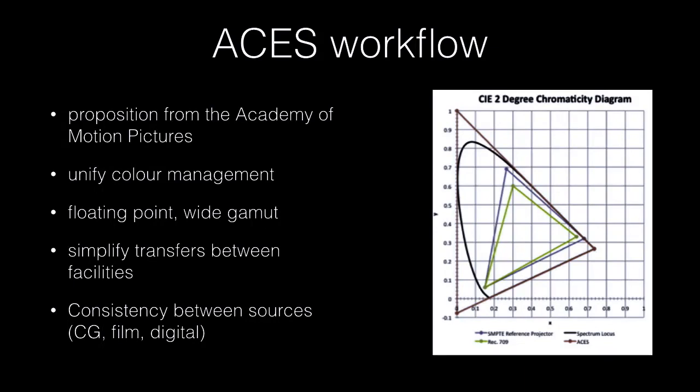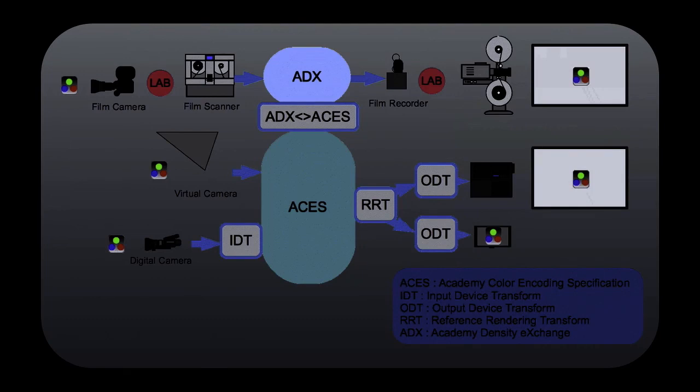So the different components that are used in the ACES workflow are the IDTs. The IDTs are input device transforms. They are provided by the camera manufacturers, and they translate the original camera space into the ACES color space.